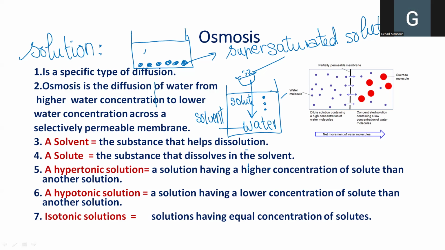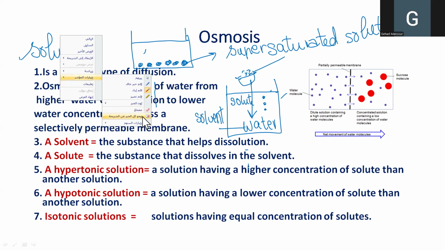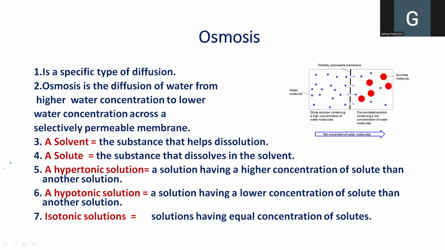And then we come to hyper and hypo. When we say hyper, we mean higher or more. And when we say hypo, we mean lower or less. So, as we said in the previous video, you cannot use hyper and hypo without comparing two solutions. So what is a hypertonic solution?